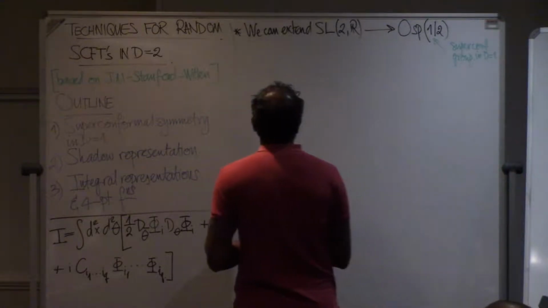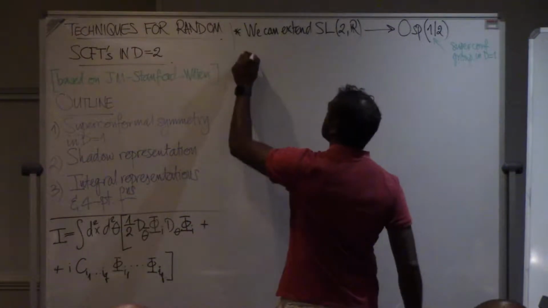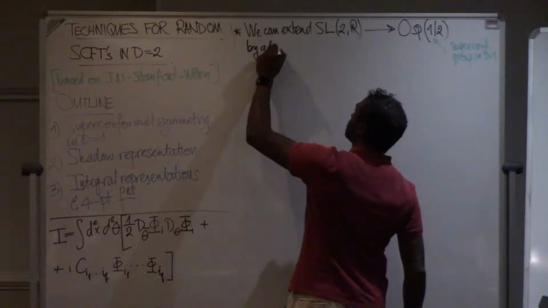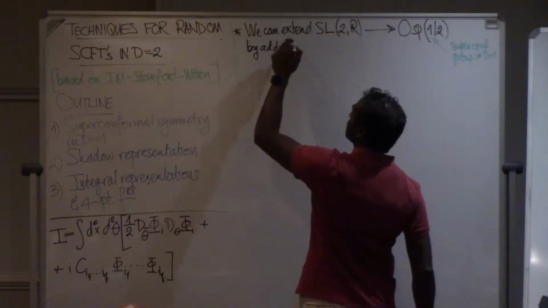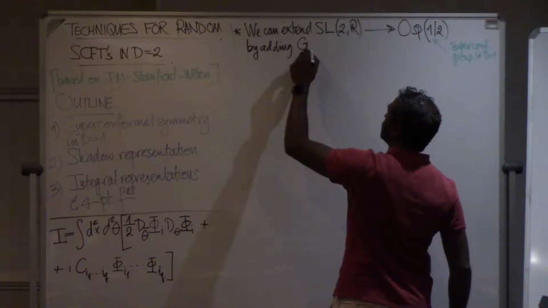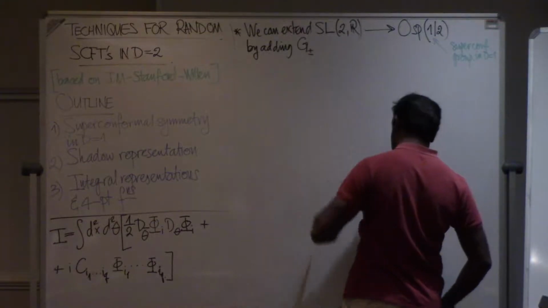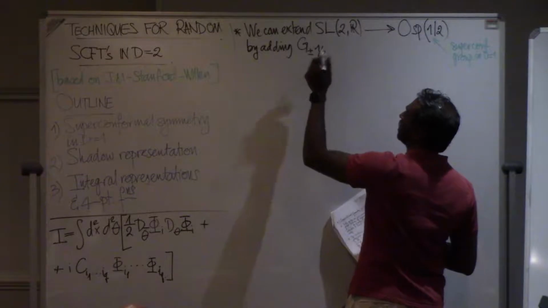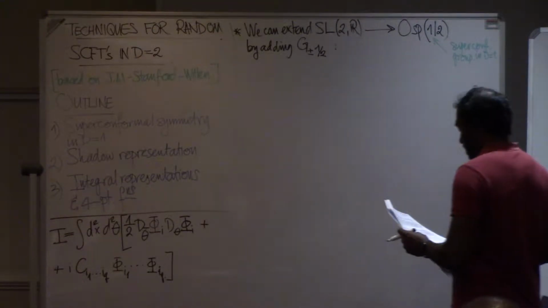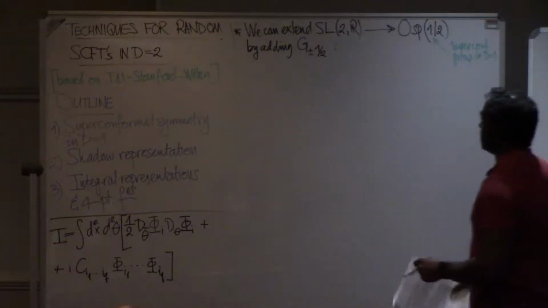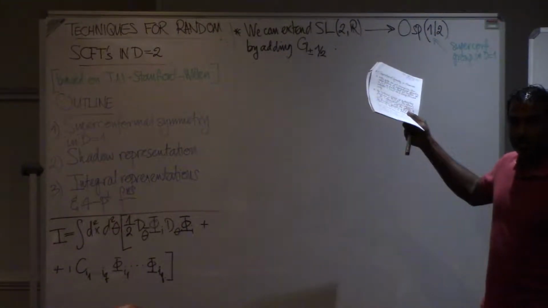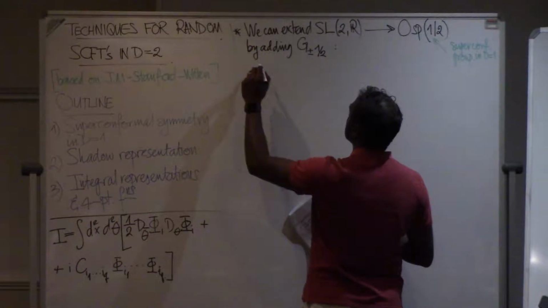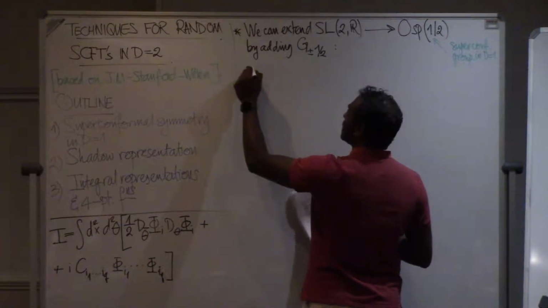We'll call them G plus minus half. And these satisfy, together with the generators of SL2R, which I'm going to call L naught and L plus minus 1, the following algebra.